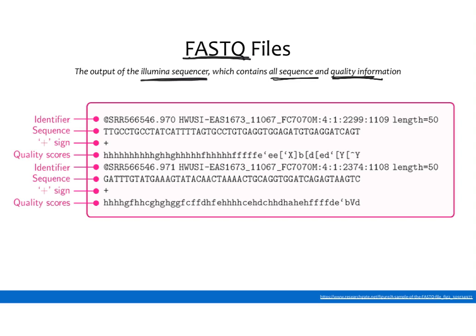So this is the information you get for one sequence, these first 4 lines. And this is the information you get for a second sequence. For each sequence, I get an identifier, which is just a tag that identifies that specific sequence. It also gives me a length. I get the actual sequence, so this is what was actually sequenced. This is just a sign saying the strandedness. And then I get quality scores.